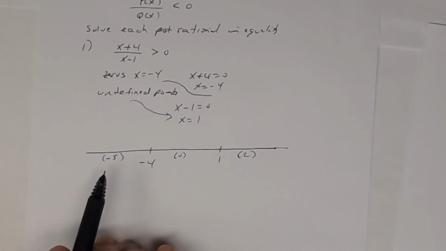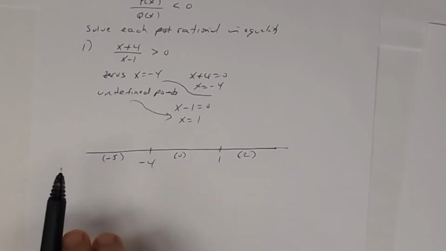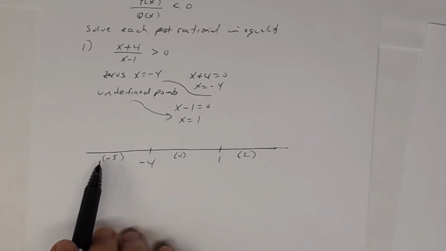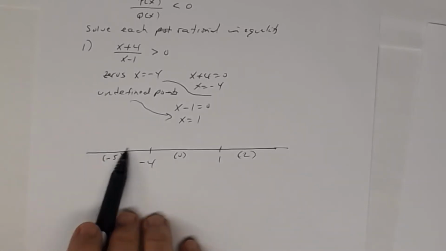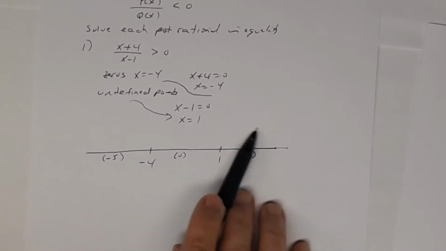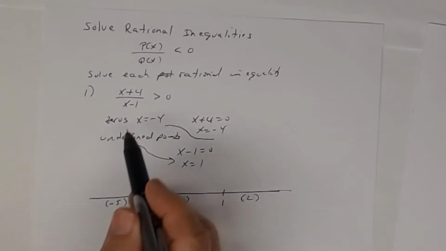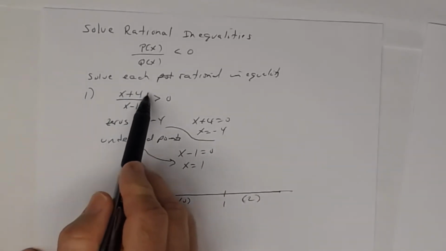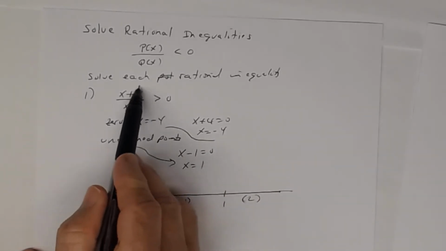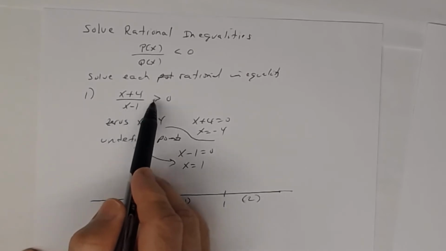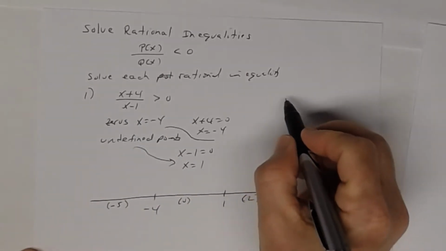Now, just like you did with the polynomial inequalities, the next thing is to determine the sign of this interval. Notice you want this expression to be greater than 0. Let me go ahead and write it out right here.